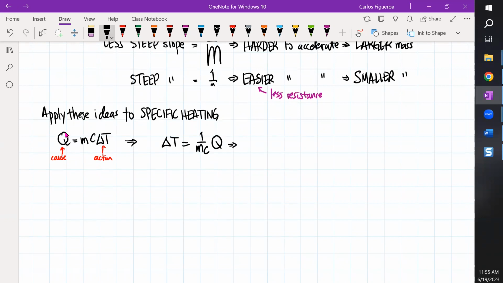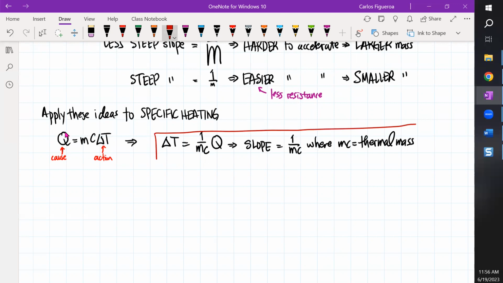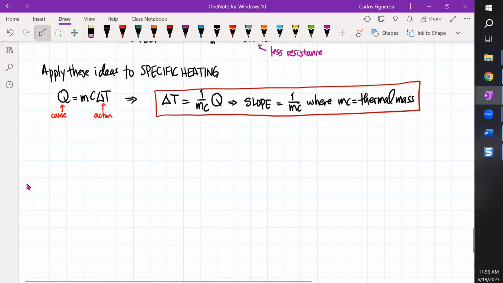That immediately tells us that the slope of this is going to be 1 over MC, where MC is known as the thermal mass. So you can see that there are a lot of similarities here.